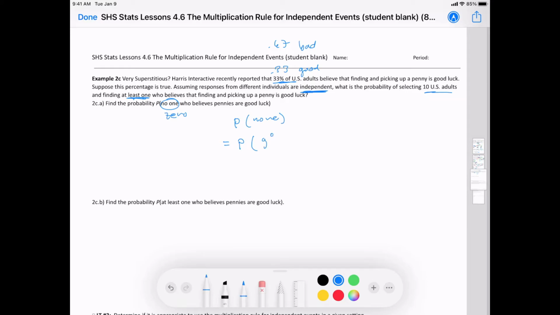We'll call it 0 good and how many bad? 10 bad that pick it up and say it's bad. So this would be, good luck would be 0.33, and this one would be 0.67 to the 10th power. Okay? So the probability of none equals, put it on your calculator, you get 0.0182.